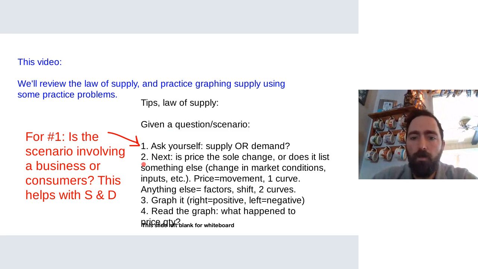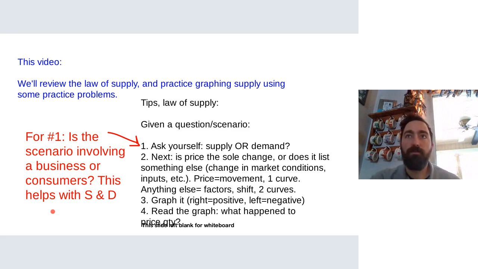Remember these tips, okay? When you're given a scenario, and I think I got 7 total for you in this video, run through these questions in this order. The first question you have to ask yourself when you read the scenario is, is this in regards to supply or is it going to affect demand? I put a little tip here on the left in red.